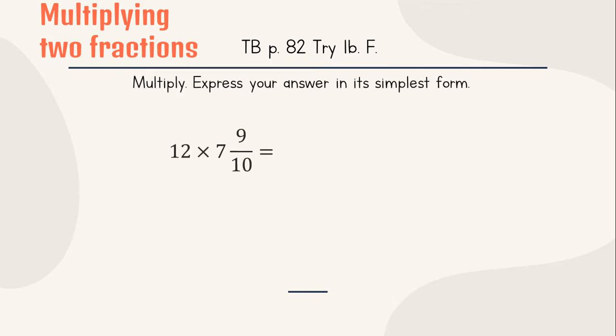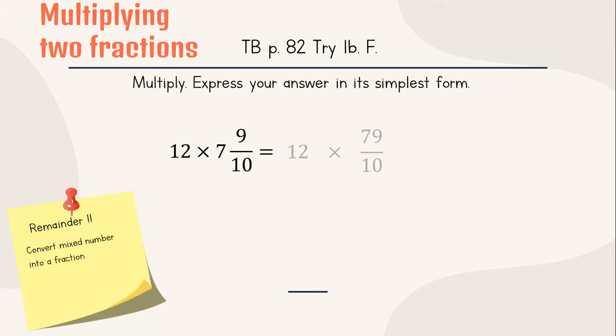How about F? 12 times 7 and 9 per 10. Make it into a fraction. So 12 times 79 per 10. Can we simplify that? Yes, divide by 2. Don't forget, even numbers will always have 2 as a common factor.